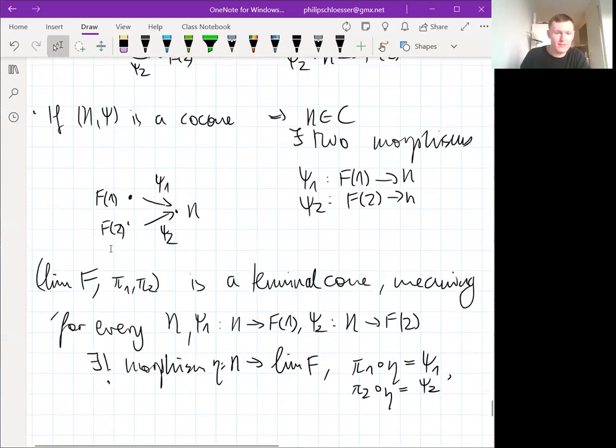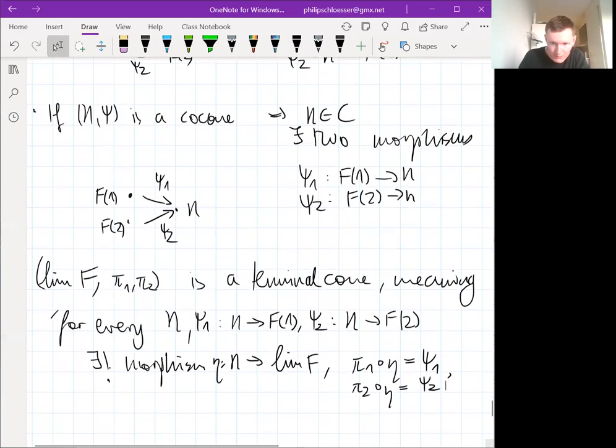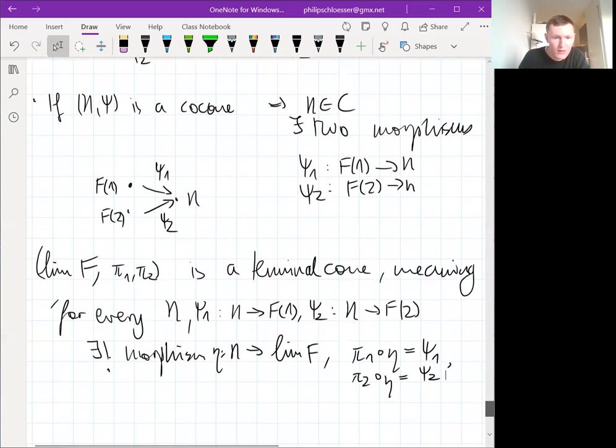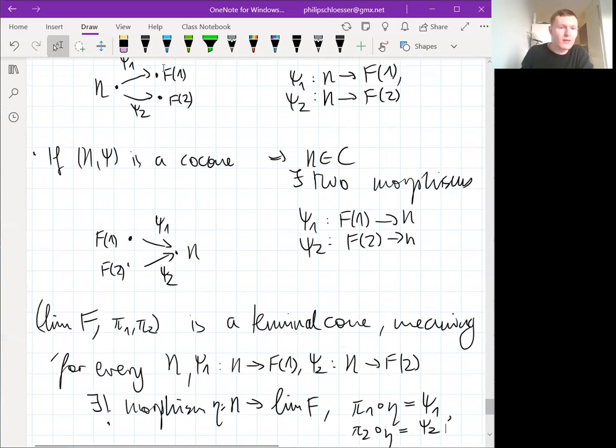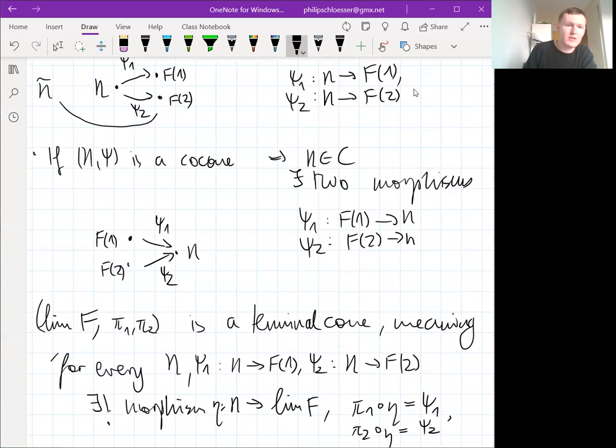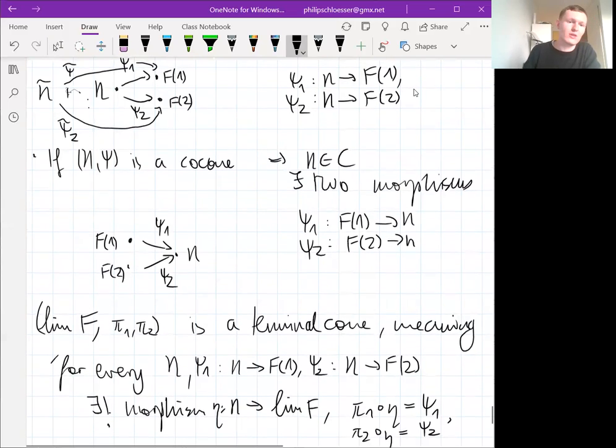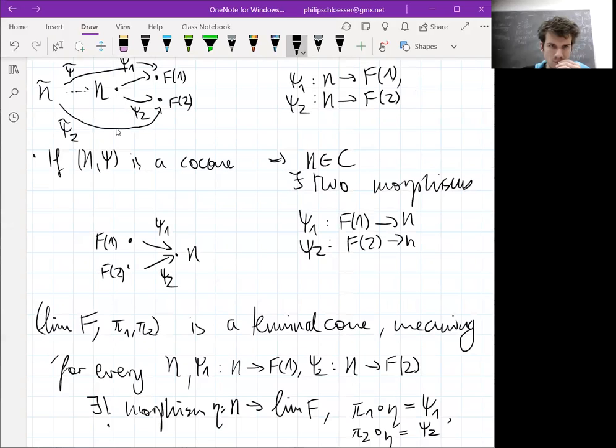Or in other words, if I have another object with morphisms psi2 tilde and psi1 tilde that satisfy absolutely no properties at all, except for the fact that they are morphisms, there is a unique morphism between n tilde and that limit.